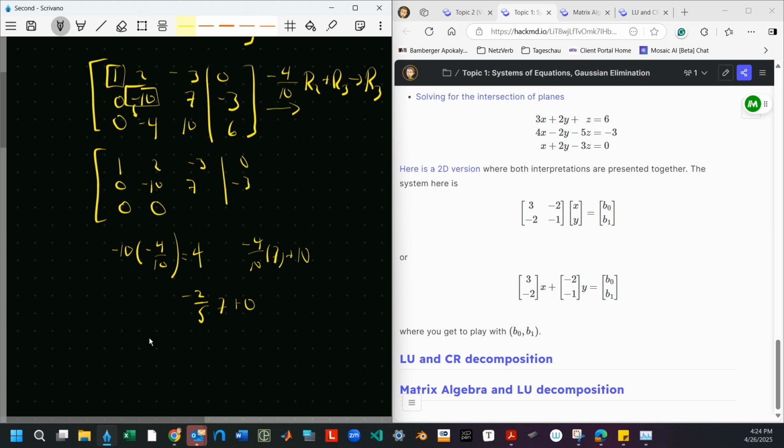So this is minus 14 over 5 plus 50 over 5. Okay, so this is 36 over 5. All right, so we get that kind of messy fraction, but that's all right. We're not afraid of fractions. 36 over 5.